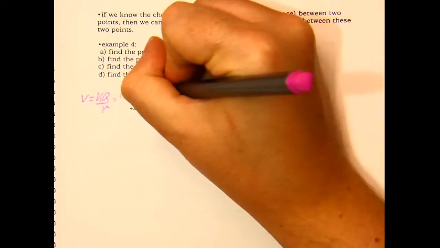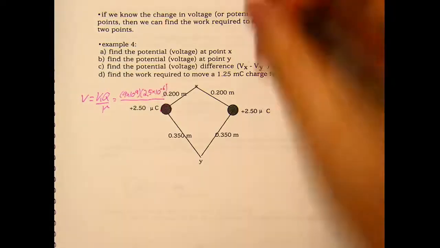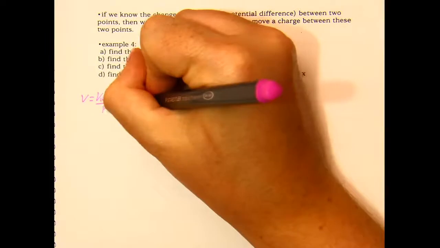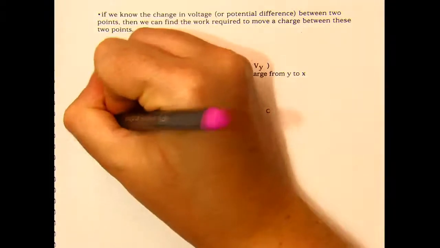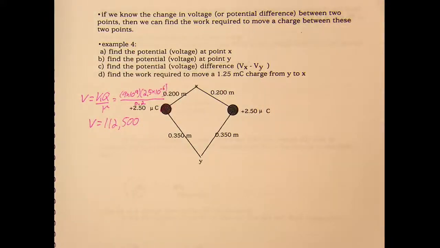Q is 2.5 times 10 to the negative 6, and it's positive. And then the distance from here to X is 0.2, which is going to give us a potential at that point of 12,500.